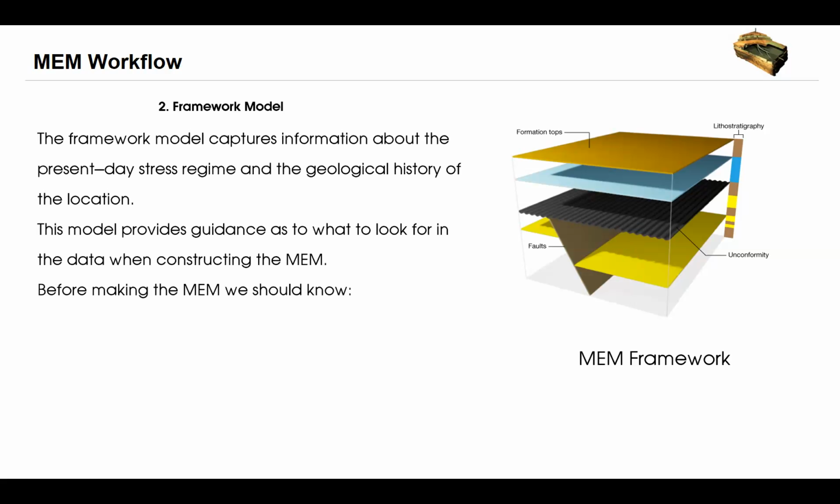As we have been saying, before making the mechanical earth model, we should know if the region is tectonically active or inactive. For example, I will give you an example from Algeria. If you are working in the northern part, you have to take into consideration that you are working in an active seismic area. So all hydraulic fracturing, pore pressure injection, and production should be taken into consideration because you will perturb your initial stress state.